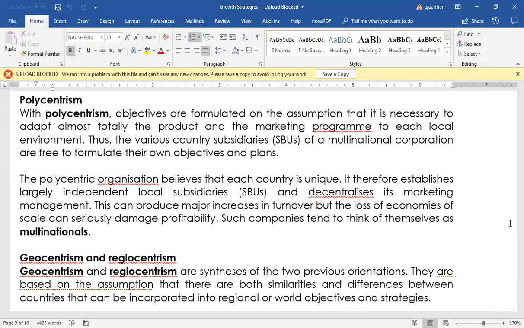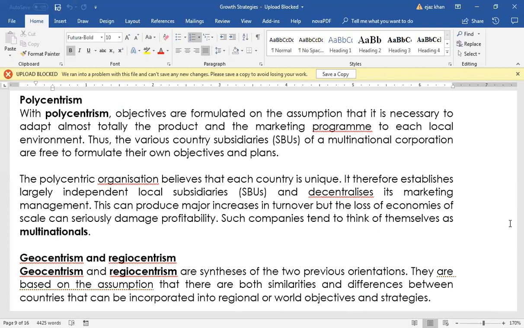Quickly. Yeah, it's a drawback because if you offer the same product in all the markets and if the people have different tastes, they will not accept this product and it may turn out a failure.